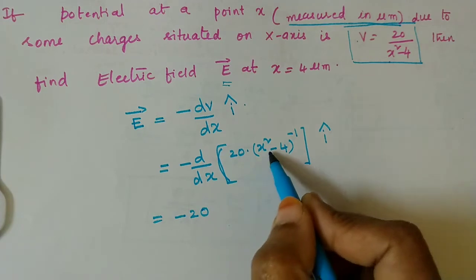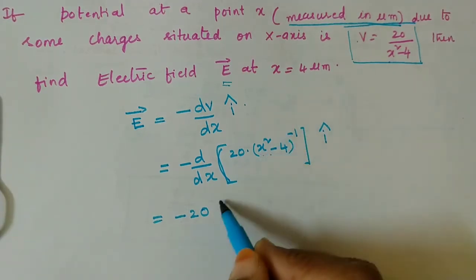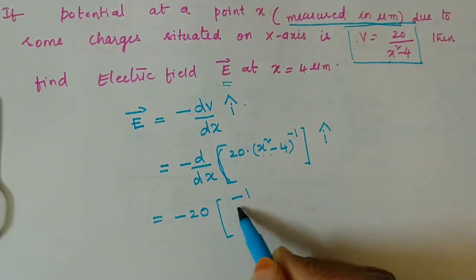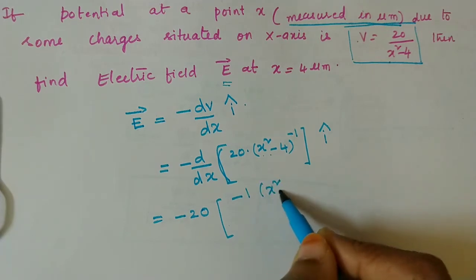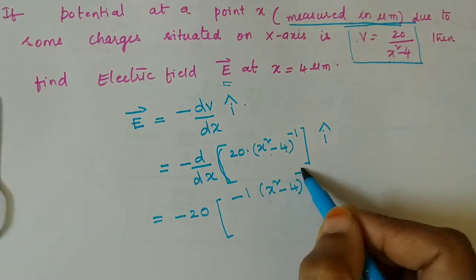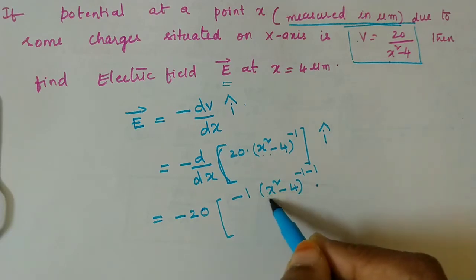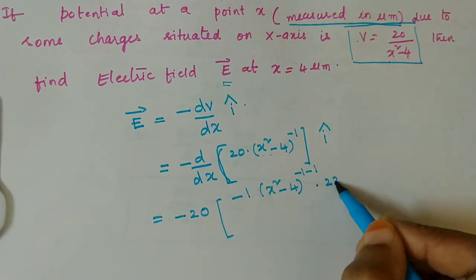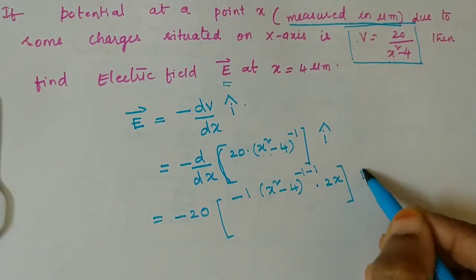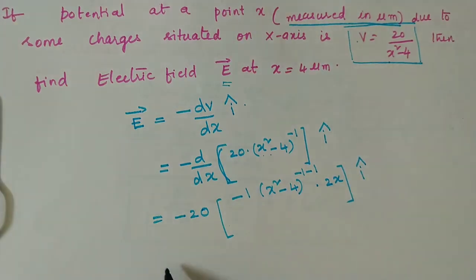Now differentiate this relation: x square minus 4 whole power minus 1 would be minus 1 times x square minus 4 whole to the power minus 1 minus 1, into, again, differential of x square will give you 2x, direction remains as i cap. So simplify it, minus of minus will become plus, 20 into 2x is 40x divided by x square minus 4 whole power 2, into i cap.